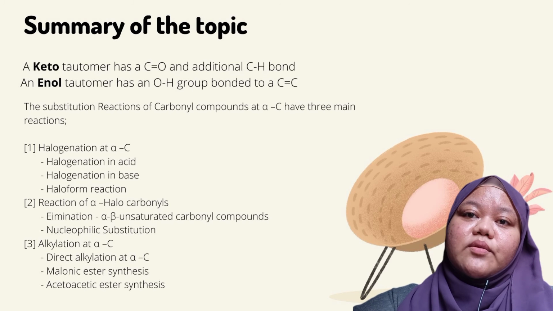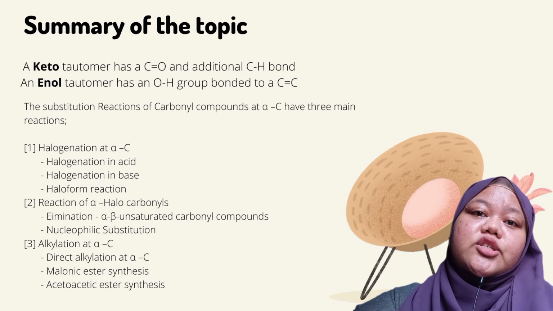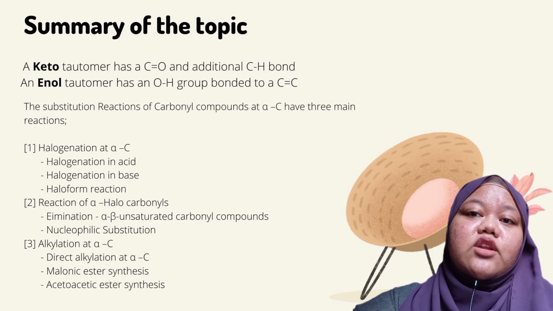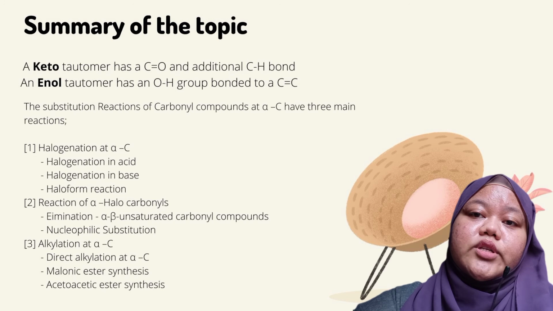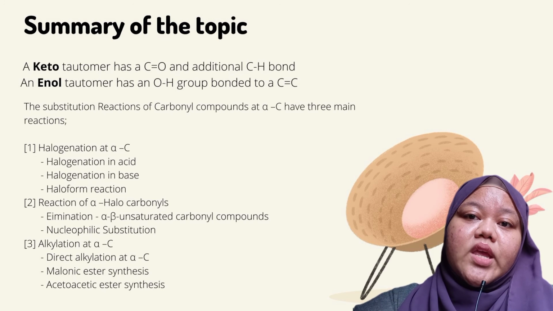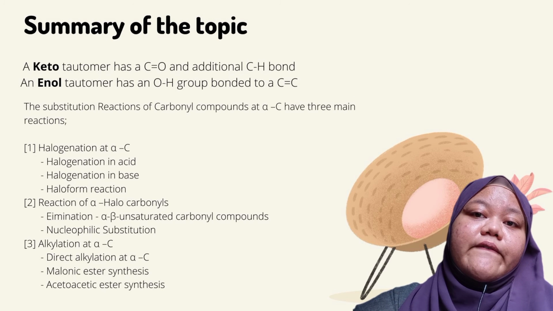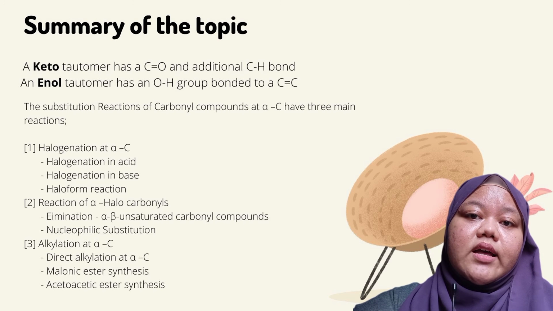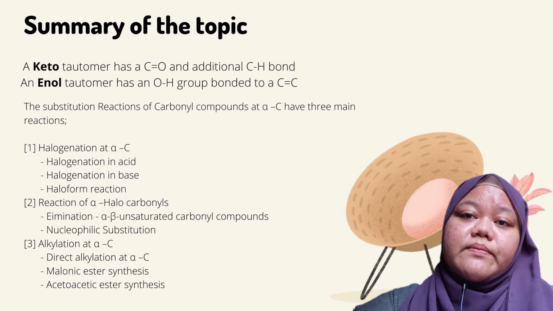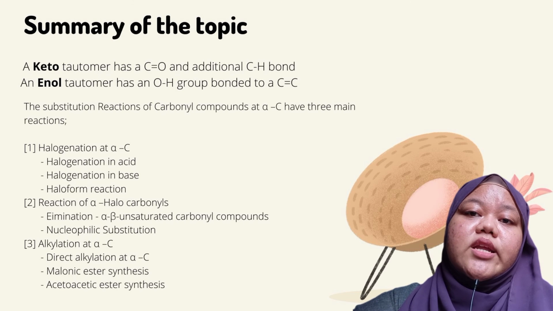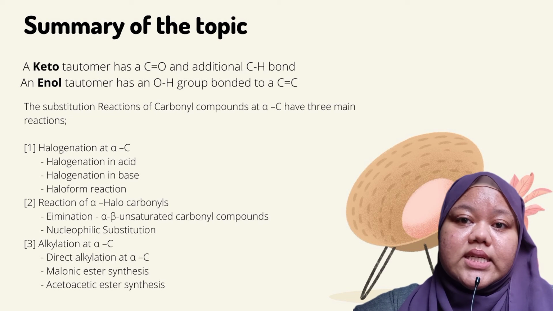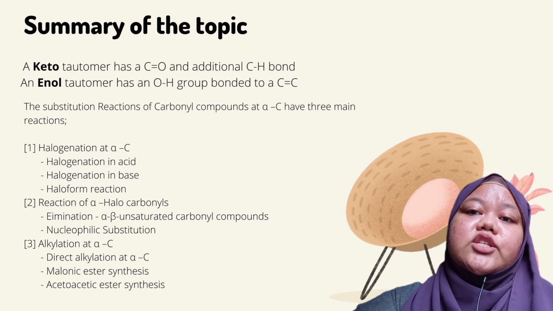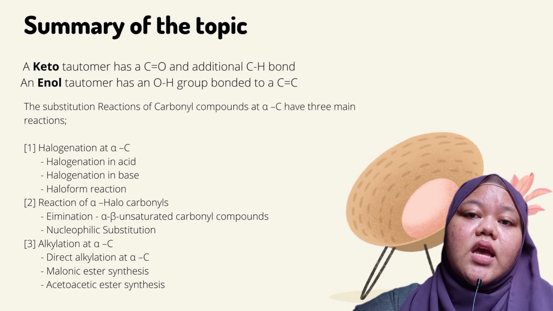The summary of this topic: a keto tautomer has a C=O double bond and an additional C-H bond, while an enol tautomer has the OH group bonded to the C=C double bond. Substitution reactions of carbonyl compounds at the alpha carbon have three main reactions. First is halogenation at the alpha carbon. Second is the reaction of alpha halocarbonyls, and the third is alkylation at the alpha carbon.